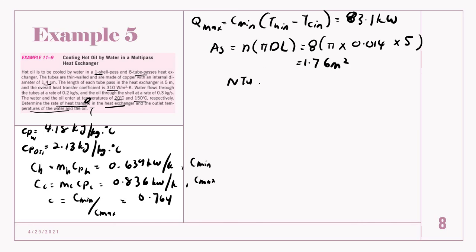So NTU, you can use this formula UAS over Cmin. Basically, if the question is given with the value of effectiveness, then you can use the formula that we use inside example 4, the formula that we take from table 5 just now. But basically, you can use this formula also.